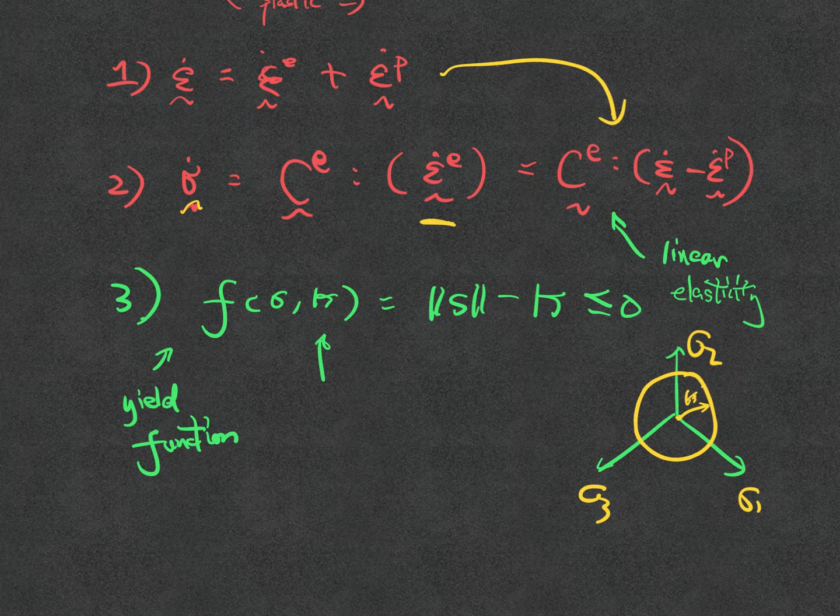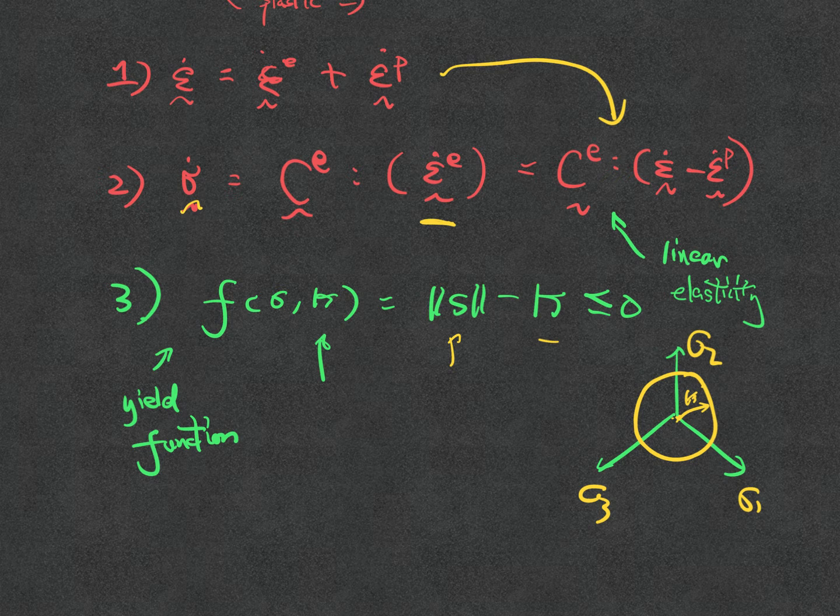The interesting thing is that kappa doesn't necessarily have to be fixed. When you load the material, sometimes kappa keeps changing. And sometimes, for the von Mises yield surface, the circle not only doesn't necessarily retain the same size, the position of the center can also move. So that can give you a very rich way to describe the different ways deformation occurs.